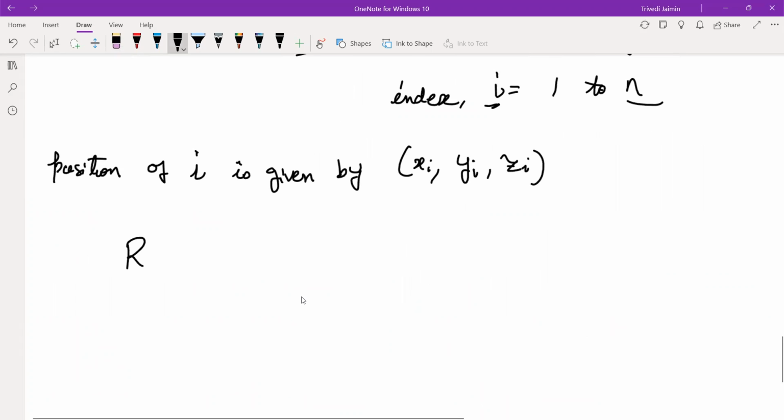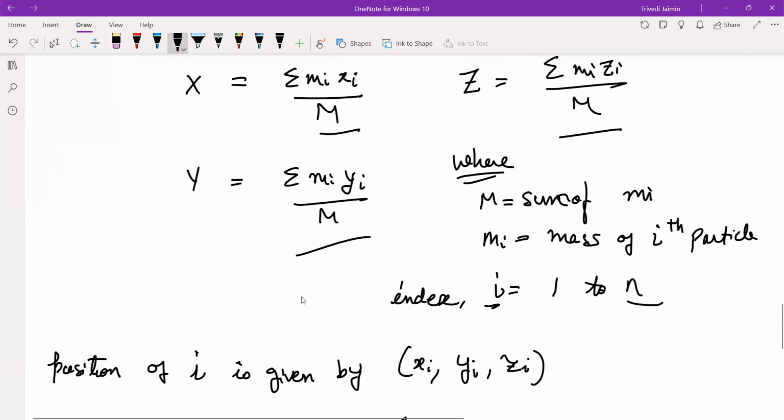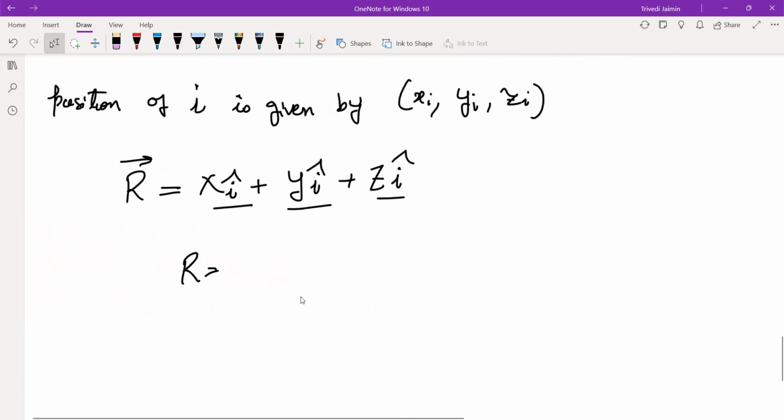So the resultant R, in vector form, is x i cap plus y j cap plus z k cap. These are all for the ith particle. The same way as we wrote here, sum over all of them: 1, then 2, 3, till ith.